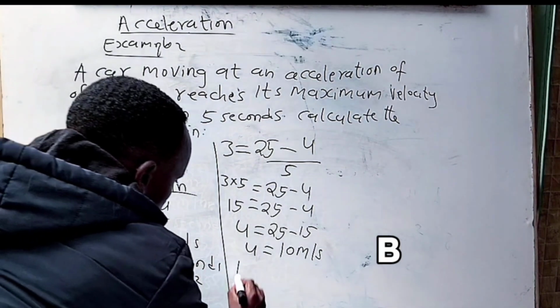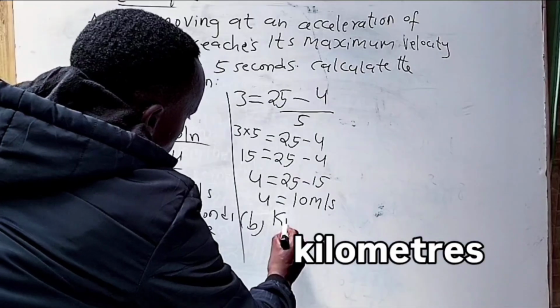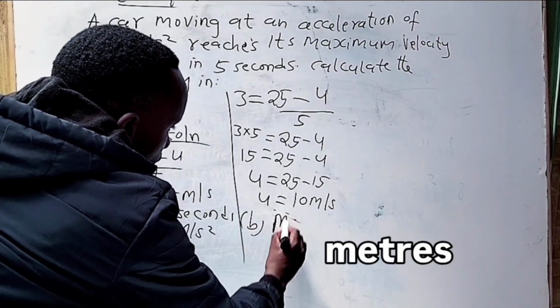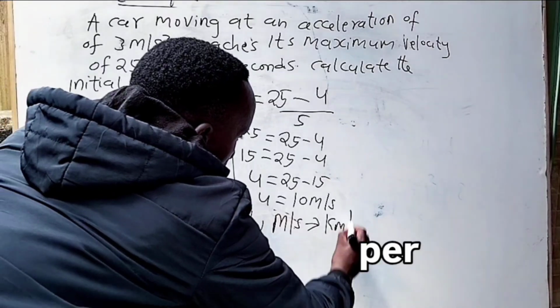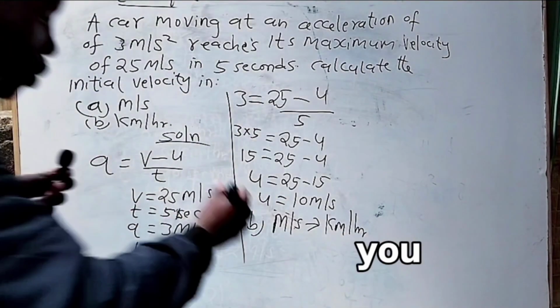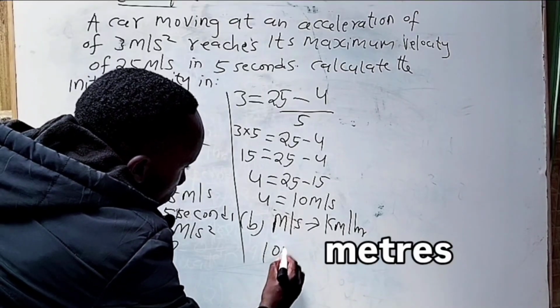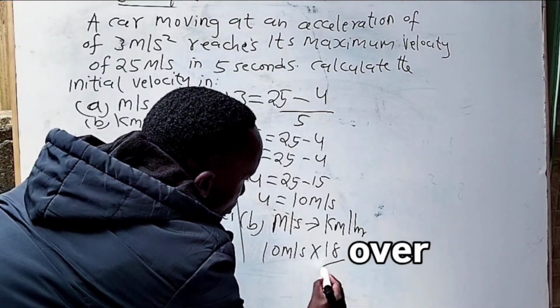B, we are supposed to convert to kilometers per hour. We convert meters per second to kilometers per hour. When you convert this one, you say 10 meters per second times 18/5.